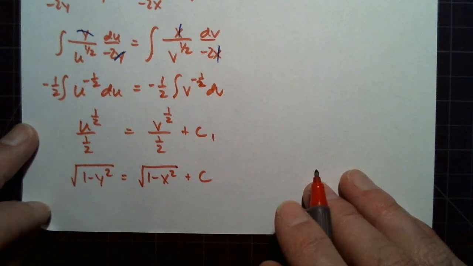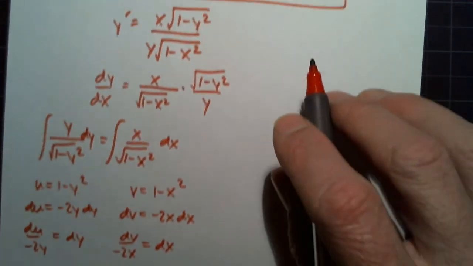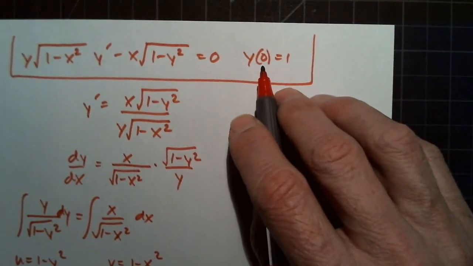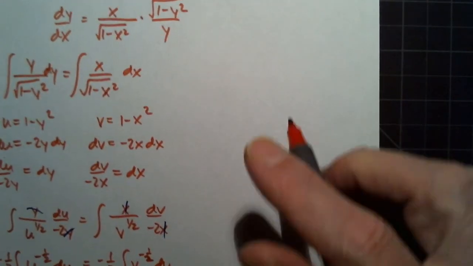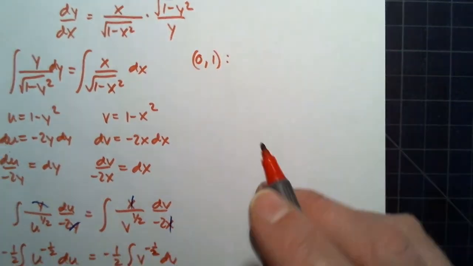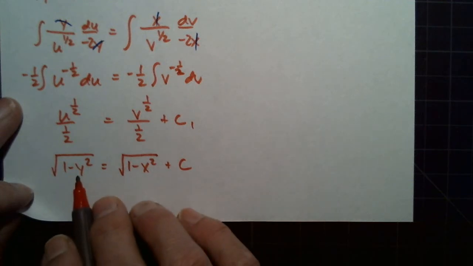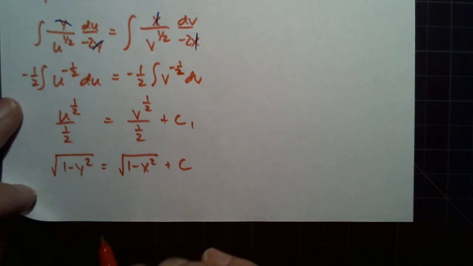Then we can find the constant using the initial condition of 0, 1. So initial condition 0, 1. At 0, 1, we'll copy the general solution and put a 1 for y and a 0 for x.